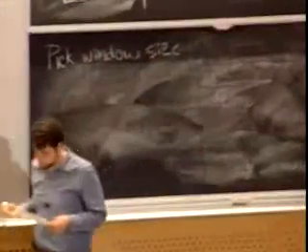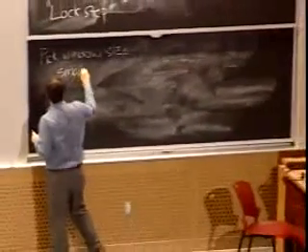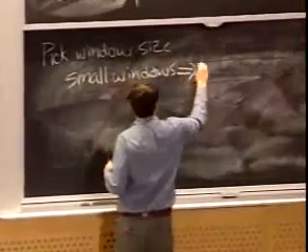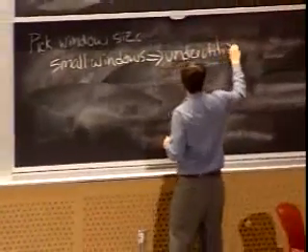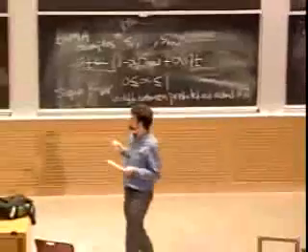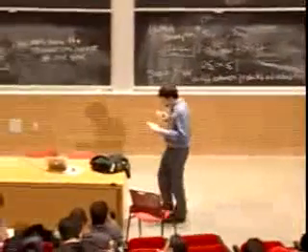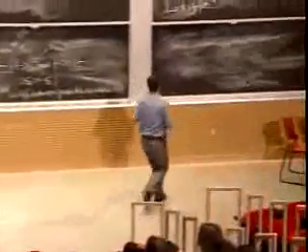The problem we have is that small windows imply underutilization of the network, because we have both the sender and receiver sitting, waiting. There are times when no data is being transferred across the network. So the question is, how big should we make the window?